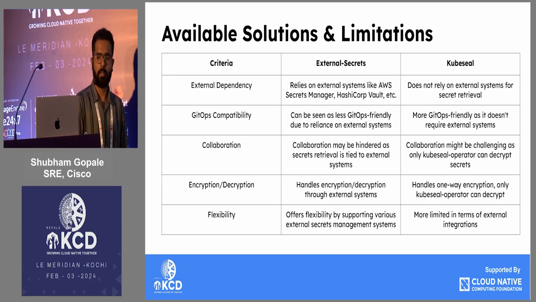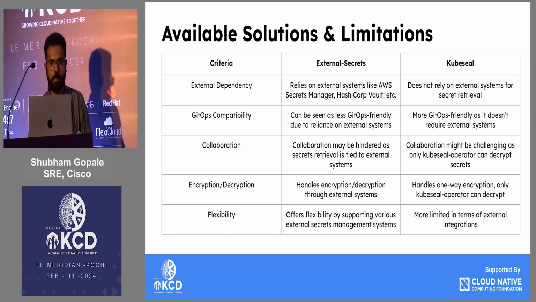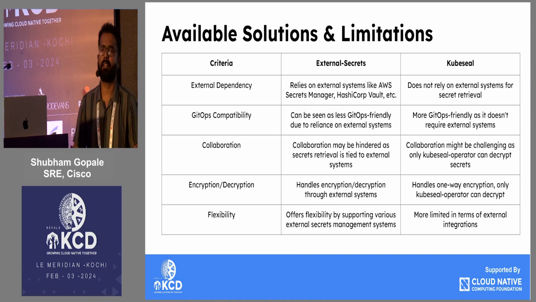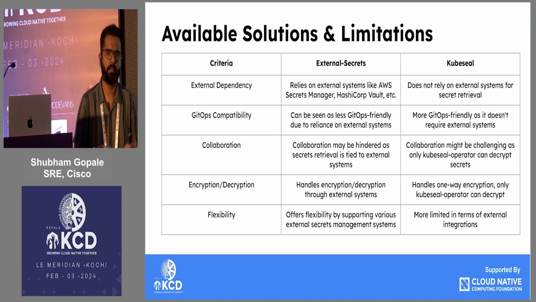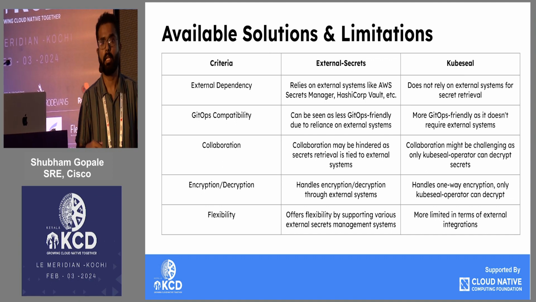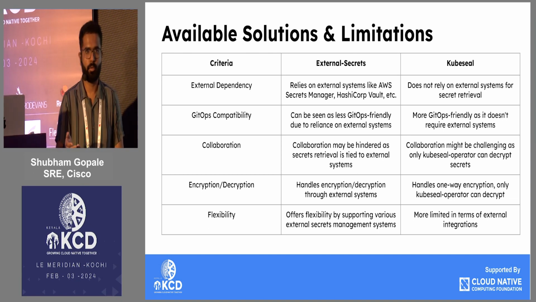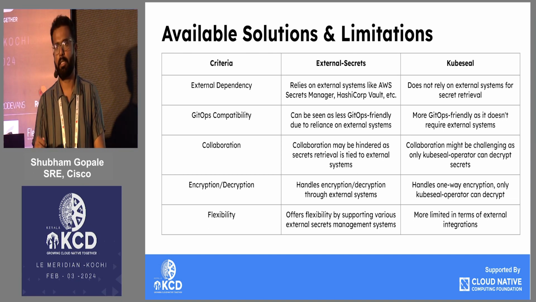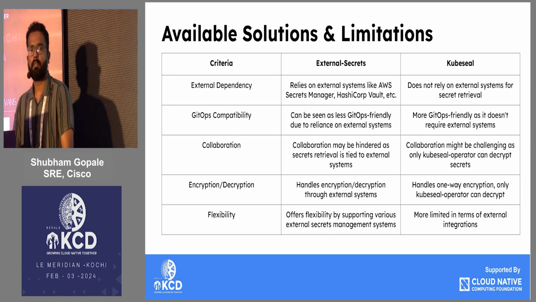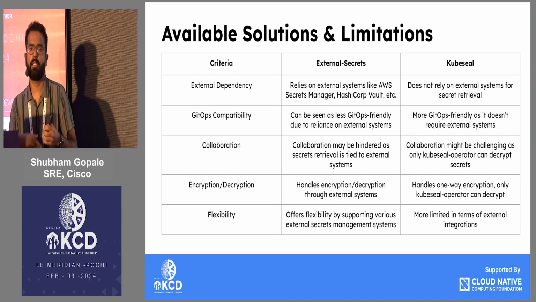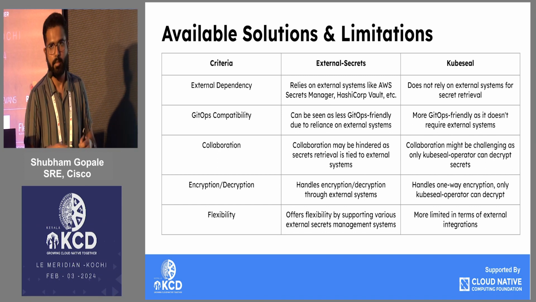Then encryption and decryption. External secrets doesn't have an encryption mechanism. Obviously, you can use a Kubernetes feature like encrypt at rest so that you can have some secrets config in Kubernetes, but otherwise, it relies on your third-party system to store encrypted secrets.